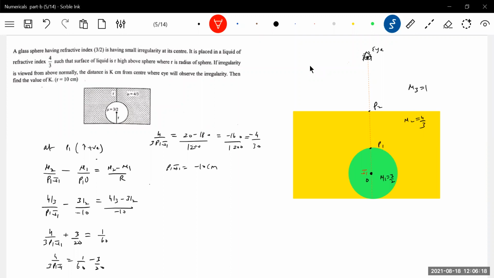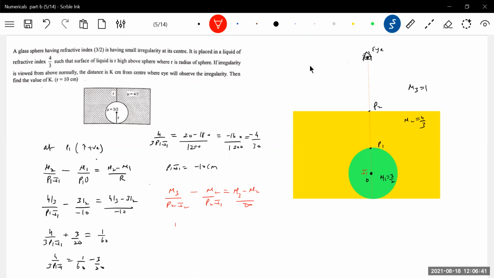It will be there only. Now it will undergo refraction at point P2. So it will be mu3 over P2 I2 minus mu1 over P2 I1 equal to mu3 by infinity.